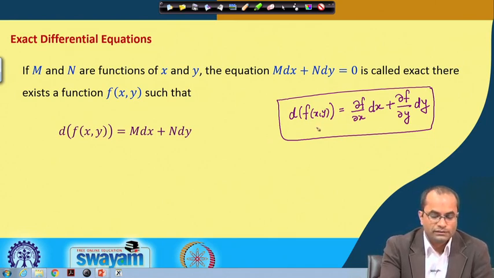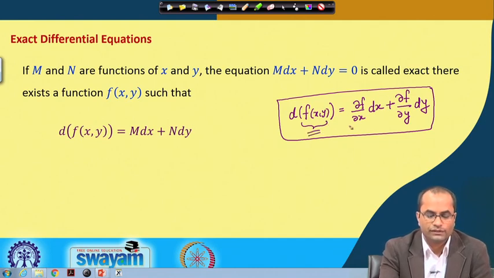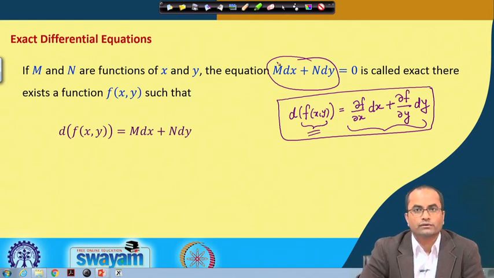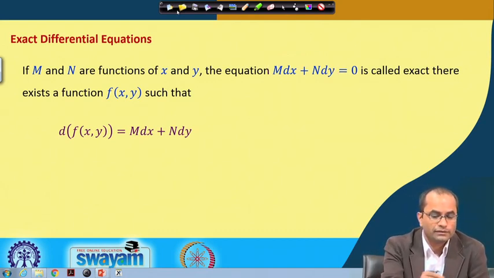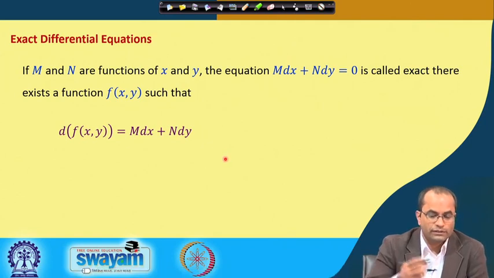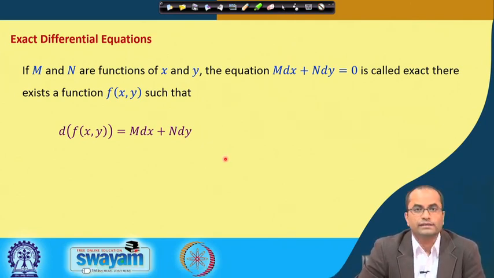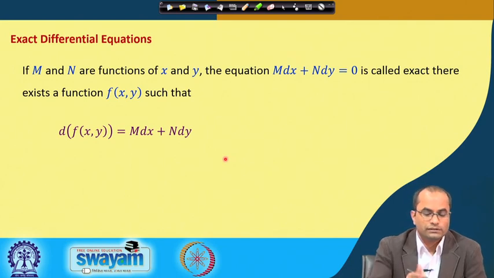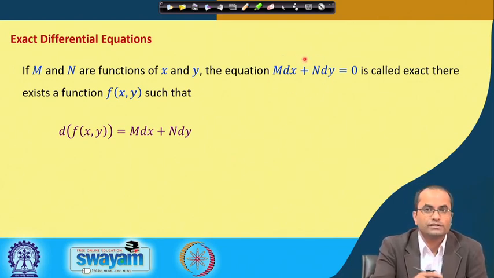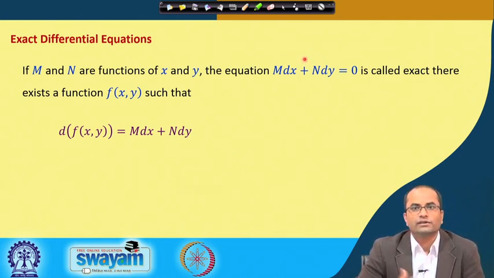So, that means now what are we looking for? We are looking for a function f whose differential is exactly the left hand side of this differential equation, and then we call this differential equation exact, because it is exactly the differential of some function.